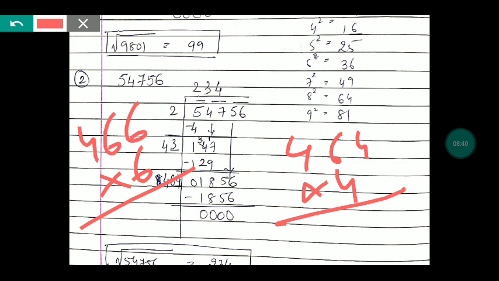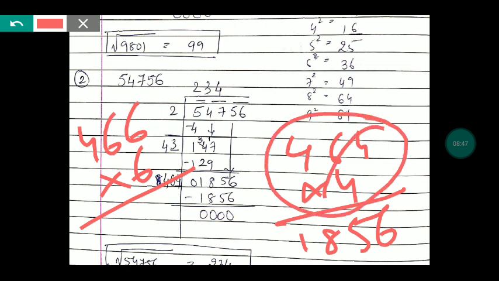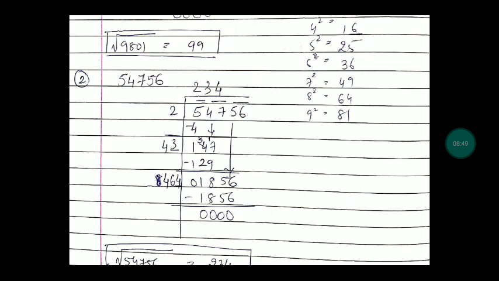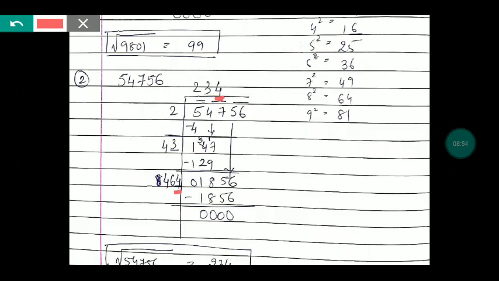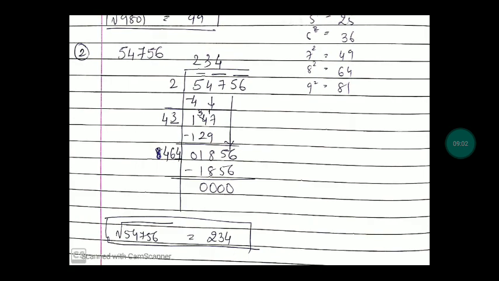When you find this out, it is 1856. So this is our correct answer and these are our correct digits. So 464 multiplied by 4, we get 1856. Subtract and then write the answer. So your square root is 234. That is the quotient of the sum.